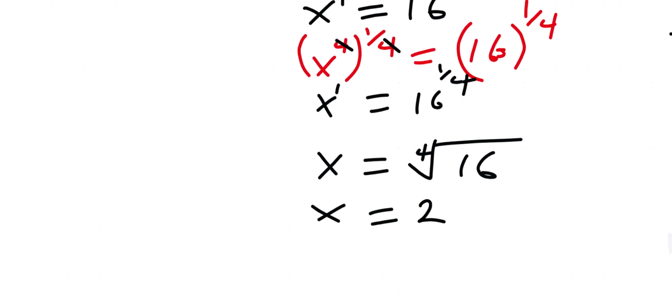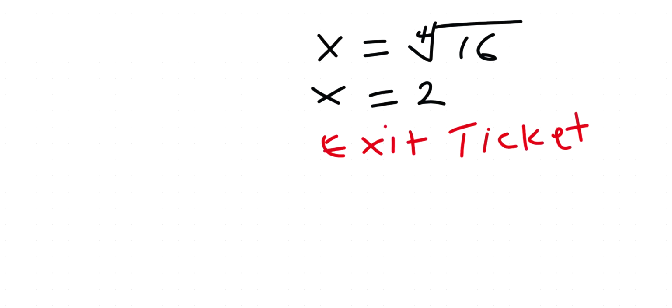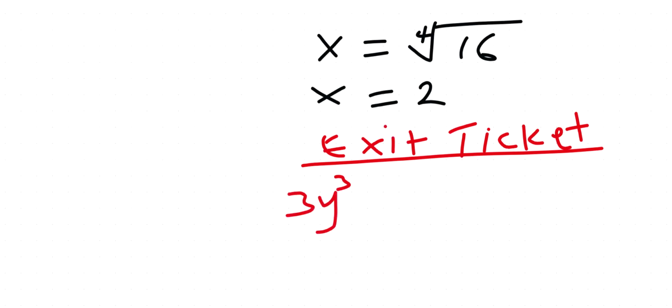So let's have our exit ticket for today. Exit means to go. Exit ticket is like your own work. So I'll be giving you this: 3y raised to power 3 plus 2y raised to power 3 is equal to 625.